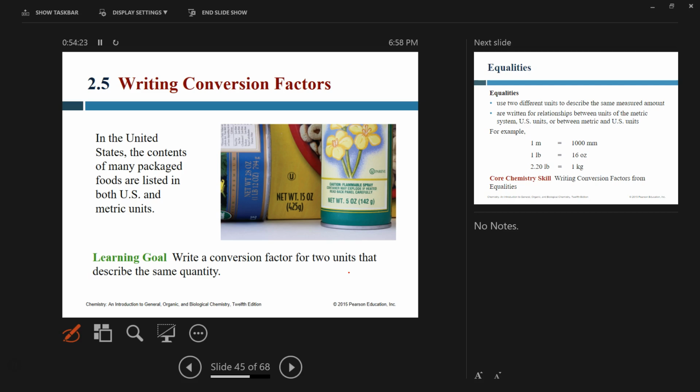But the next question is, can we express the mass? Can we derive a metric unit of mass through, I don't know, volume maybe? Turns out, yeah, we can. If you take 1 cubic centimeter of water, 1 milliliter of water, at a temperature of 4 degrees Celsius, it's going to weigh 1 gram.